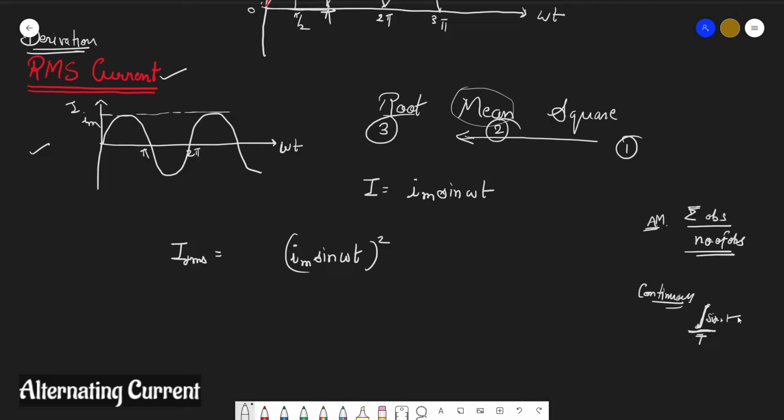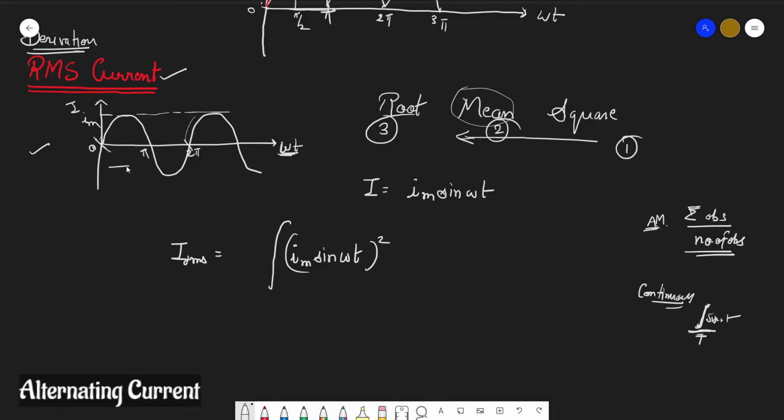Here, if I am taking omega t as a reference, I will take the integration in terms of limits of omega t only, that is in one cycle. What is one cycle? It begins from 0 up till 2 pi. After that the graph repeats.